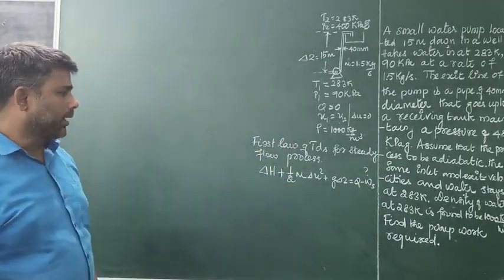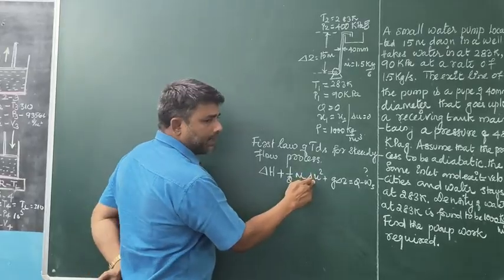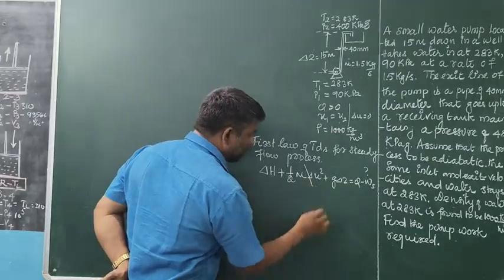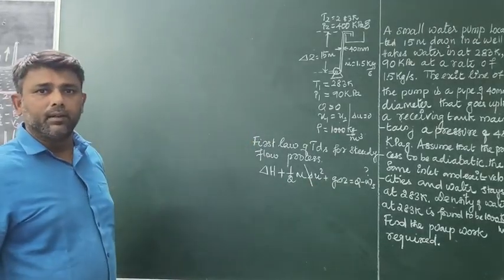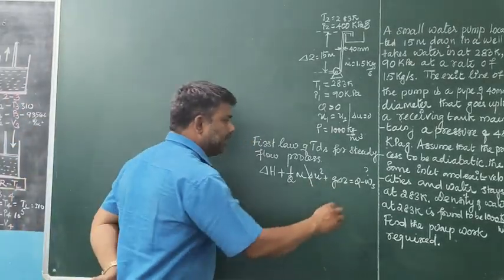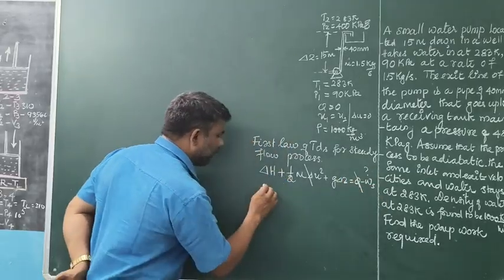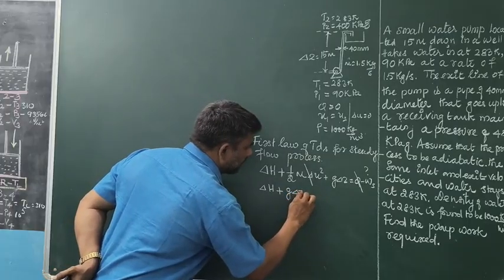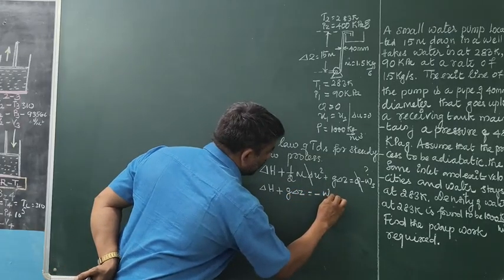Clear? Okay. The entering and exit velocities are the same, hence the kinetic energy term becomes 0. The process is adiabatic, hence Q is also 0. The remaining equation is del H plus g del Z is equal to minus Ws.